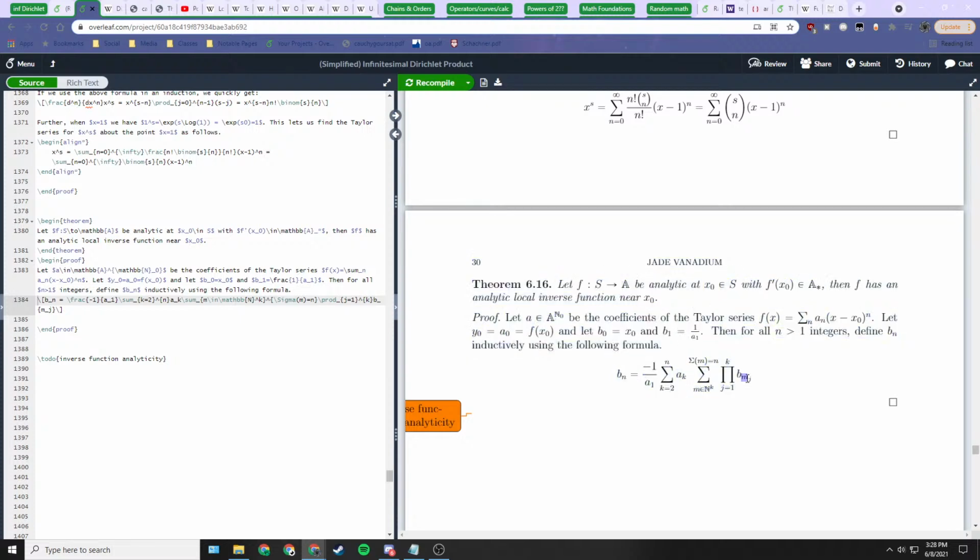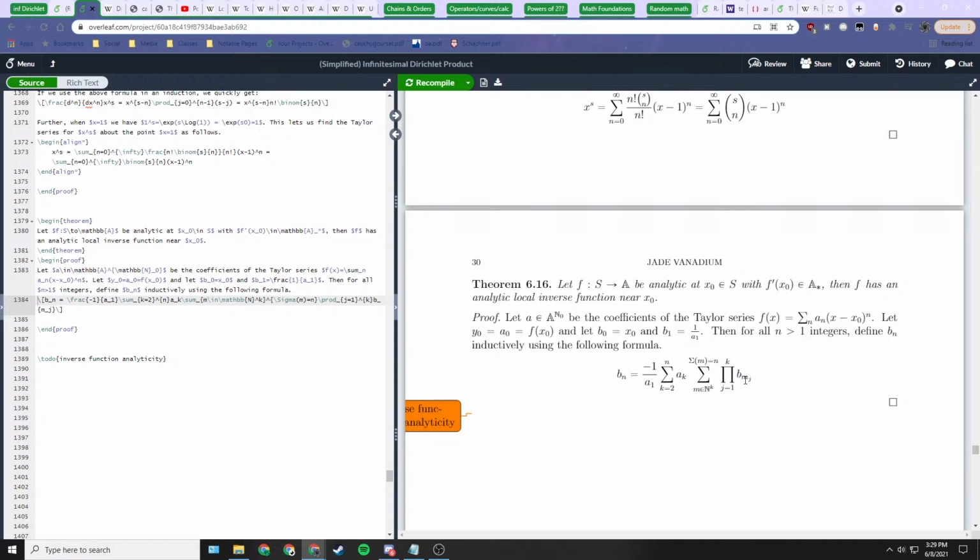The only time this won't be inductive is if m sub j somehow reaches n or larger, but the sum across all these m's has to be equal to n. If one of these m sub j's is n or larger, then the rest of them have to be less than or equal to 0, because they sum up to n.